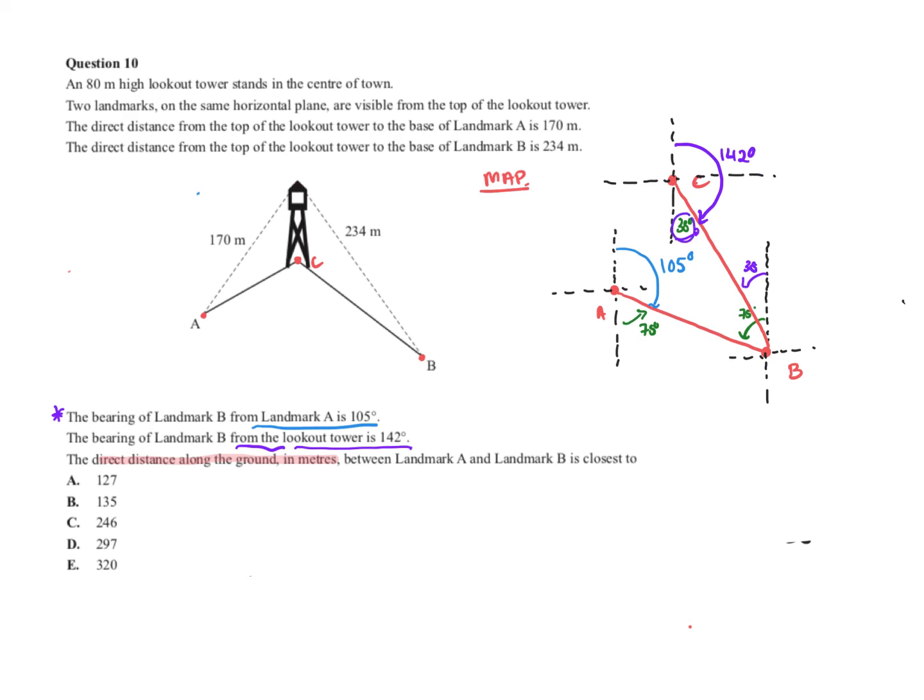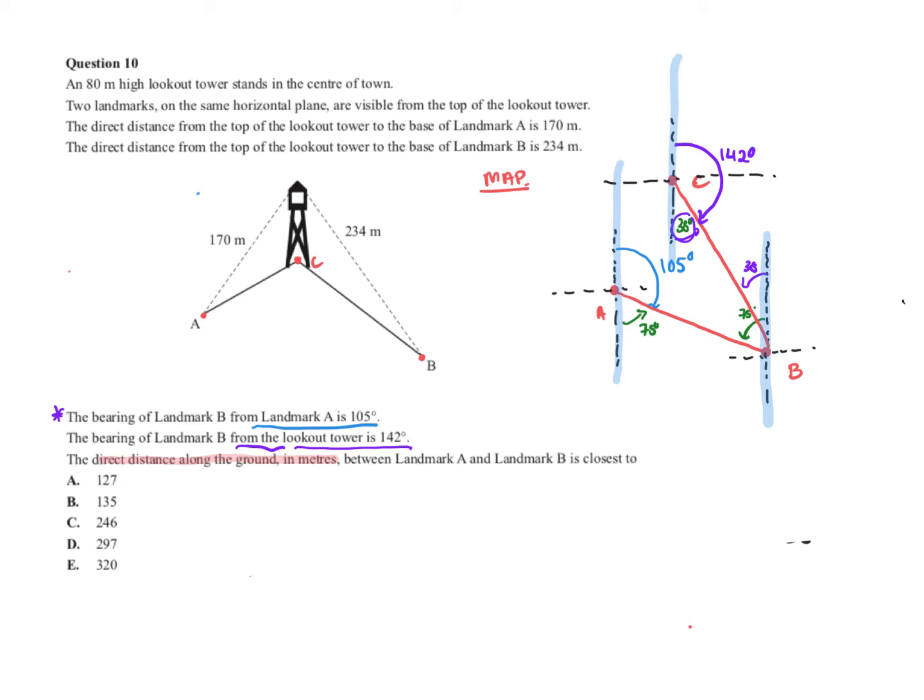So we're always trying to use these north lines as our parallel lines so that we can see when we have an intersecting line.